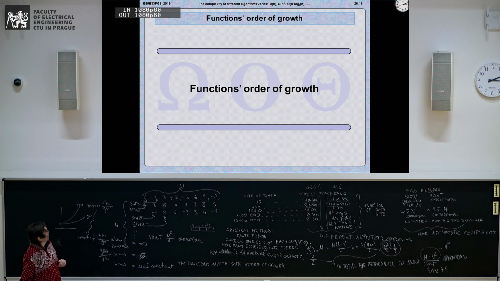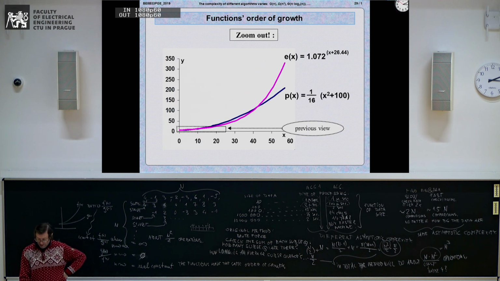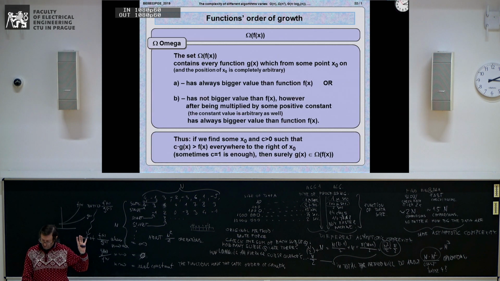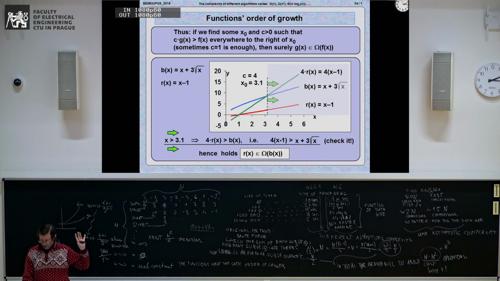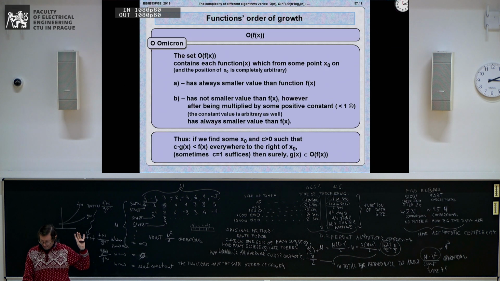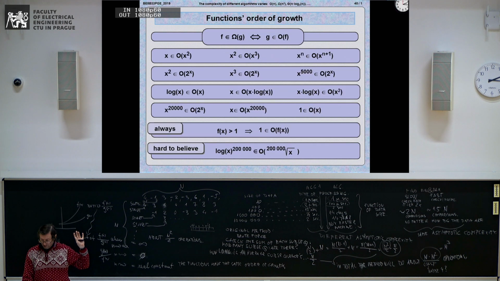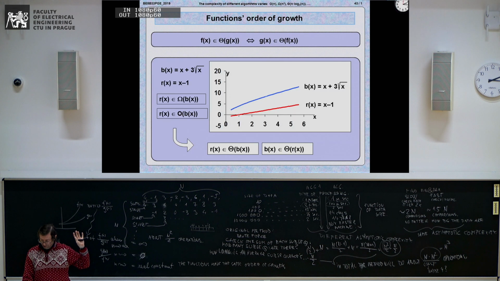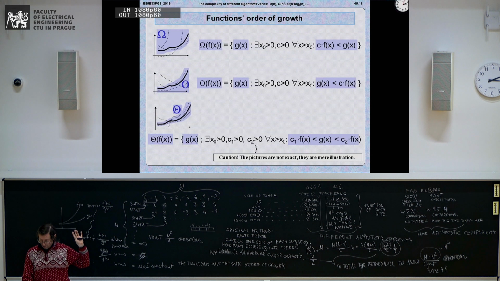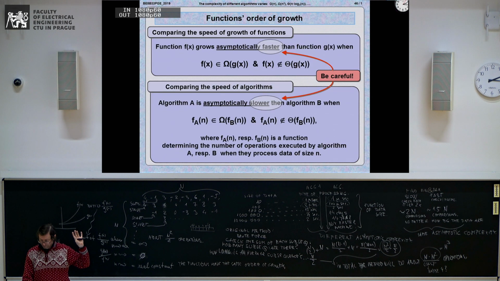So if we can compare the order of growth of some functions, then you can, now I skip a lot of very interesting slides, then you can go finally, please bear with me now because I have to go.